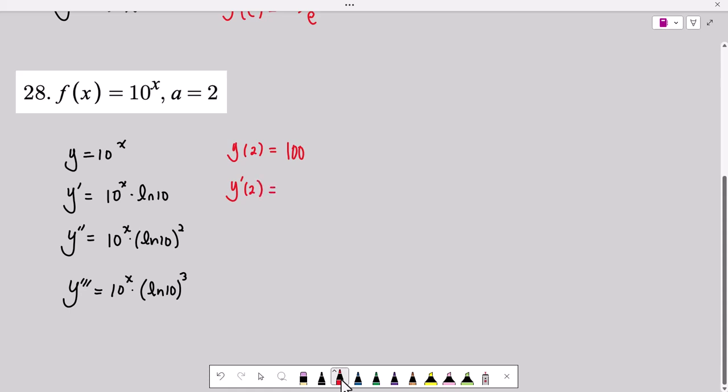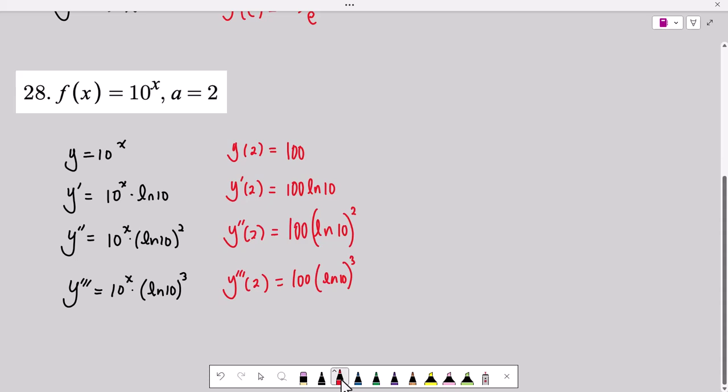We're going to evaluate the function and all these derivatives at the center of this series. The center of the series is at 2. So let's see, it looks like 100 times ln 10, and then 100 times ln 10 squared, and then 100 times ln 10 cubed.